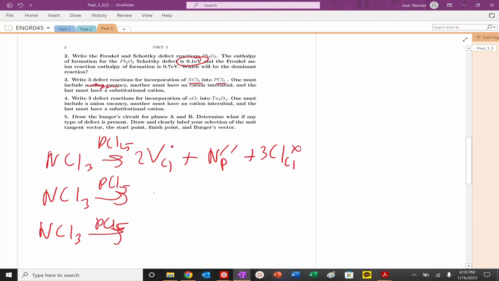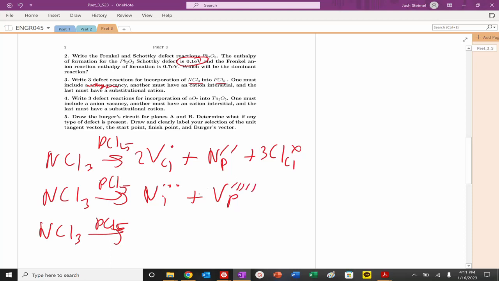Cation interstitial. So I'm going to do N on an interstitial site, that's going to be plus 1, 2, 3. Options, options, options. So I could put a vacancy of P. Let's do that. Vacancy of P would be minus 1, 2, 3, 4, 5.